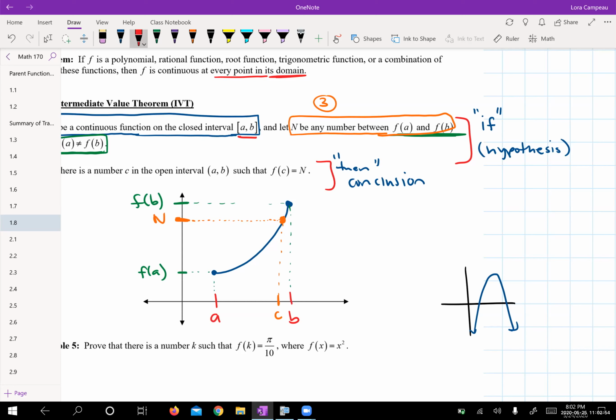And if you're trying to show that you have a root, by the way, sometimes they call that C. If x equals C is a root, they call that a zero, an x-intercept. The y value, f of C, should be 0, i.e. x-intercept.